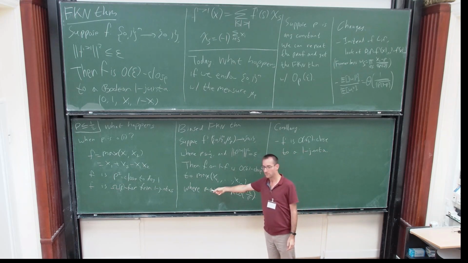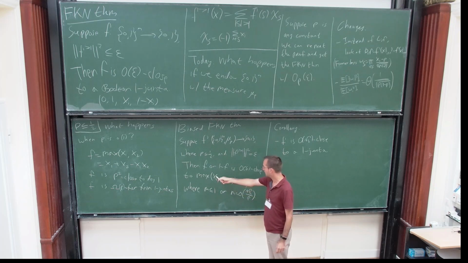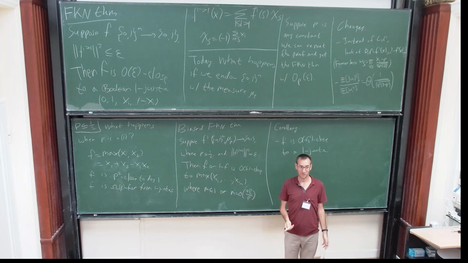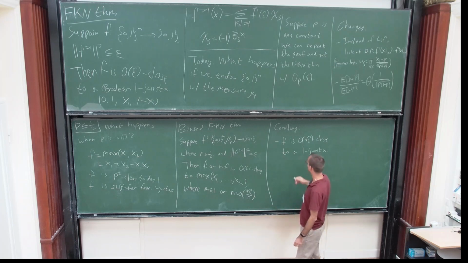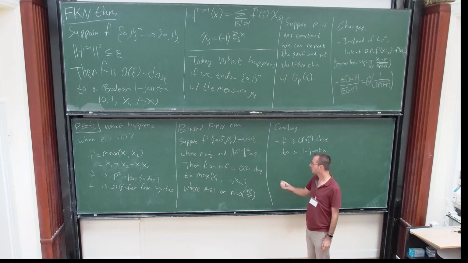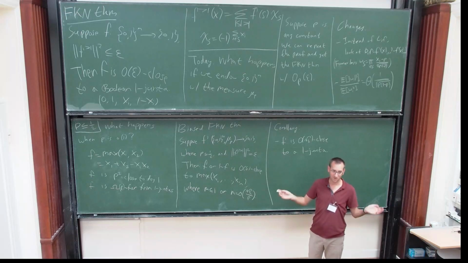So if m is at most 1, then it's order epsilon close to a 1-junta. And otherwise, in this case, it's just order square root epsilon close to the 0 function. So it's even slightly better: it's either order epsilon close to a junta or a dictator, or it's square root epsilon close to a constant.